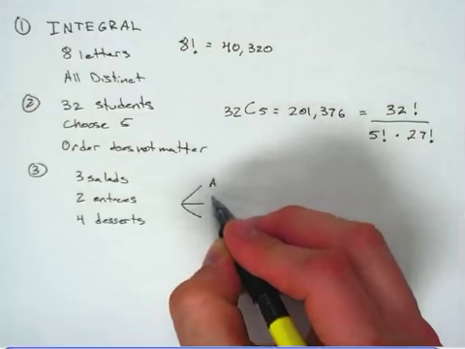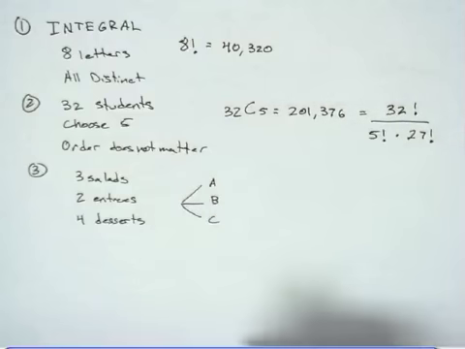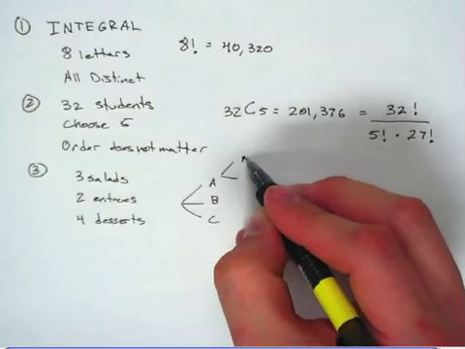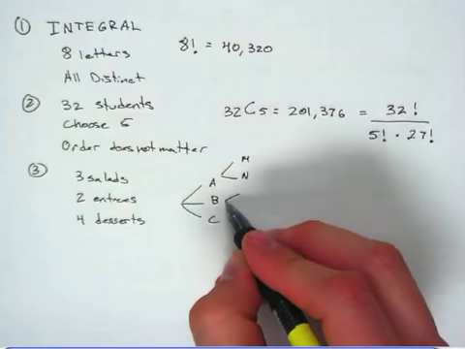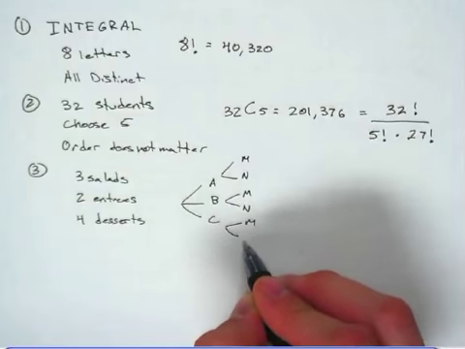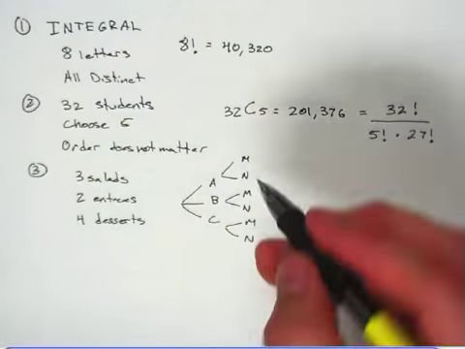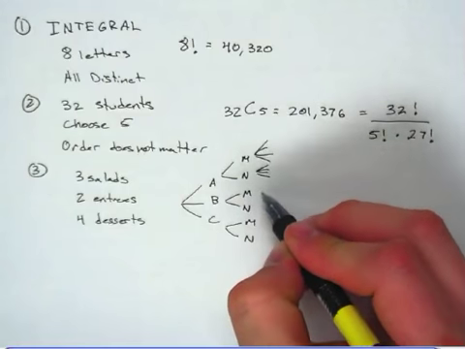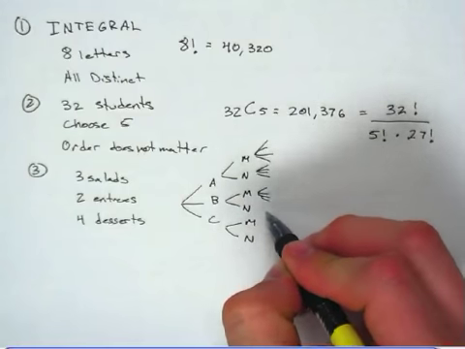If I call my salads A, B, and C, from there you have two different options. I'll just call them M and N for no particular reason. You have two different options for your entrees, and from there you have four different desserts. Not desert, dessert.